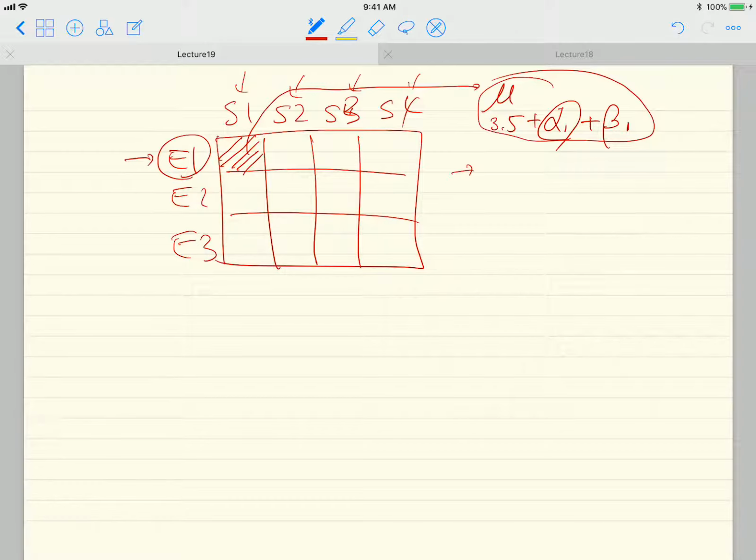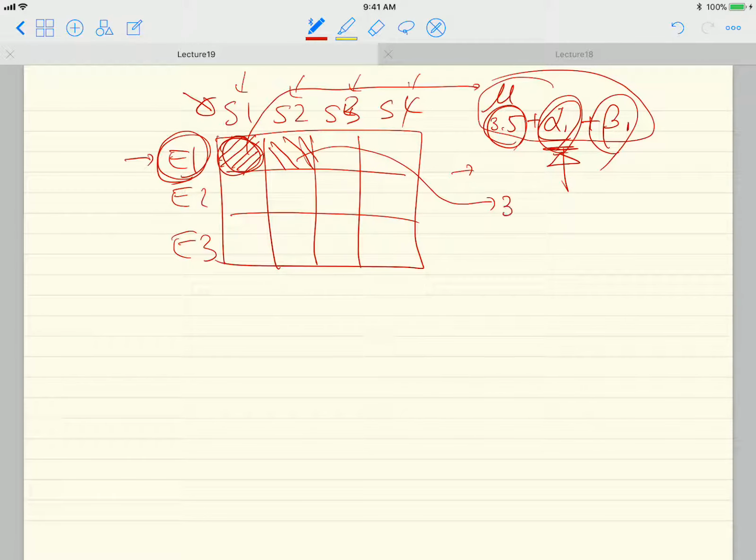So the mean value of this cell is starting from 3.5, but increased by this amount due to this first exam's difficulty, and then also increased by this amount of beta 1 because of the capability of the first student. Okay, and then what about this cell?